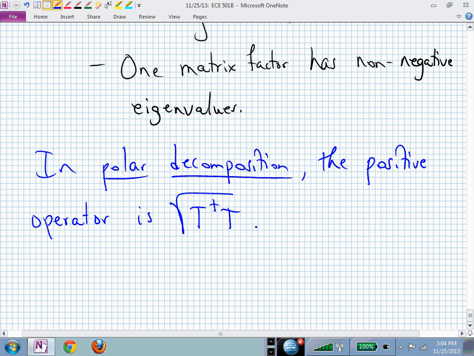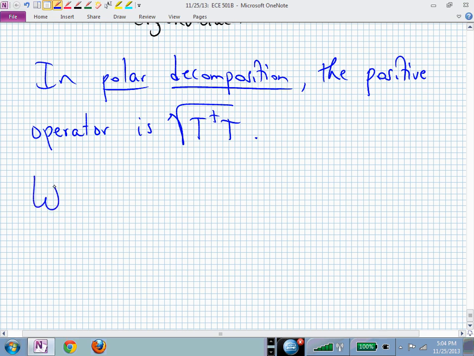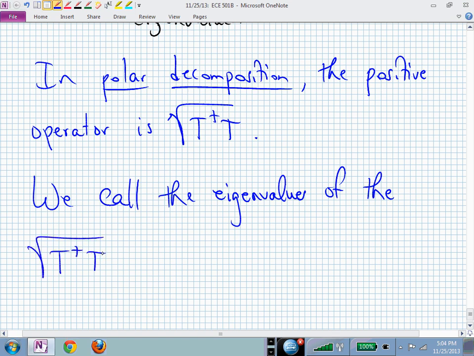So in the polar decomposition, the positive operator is the positive square root of t dagger t, and remember that was one of the factors in our linear operator t, so we call the eigenvalues of the positive square root of t dagger t the singular values of t.